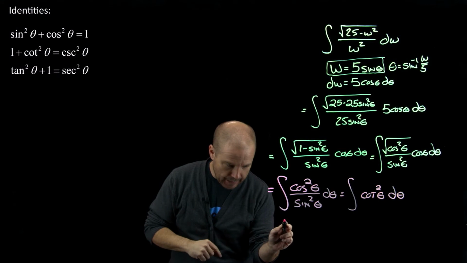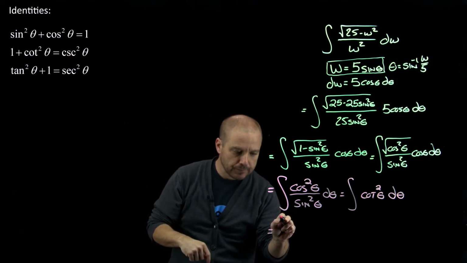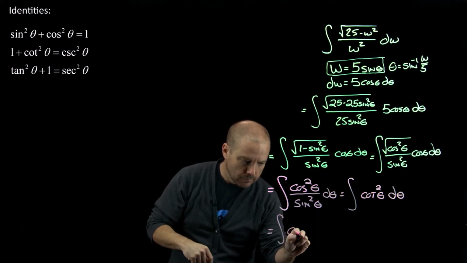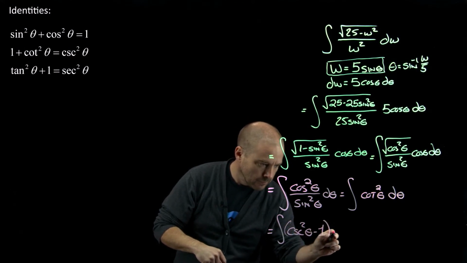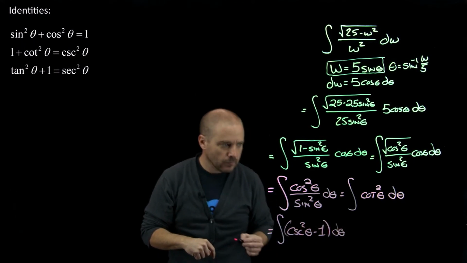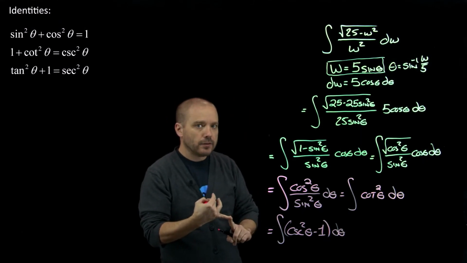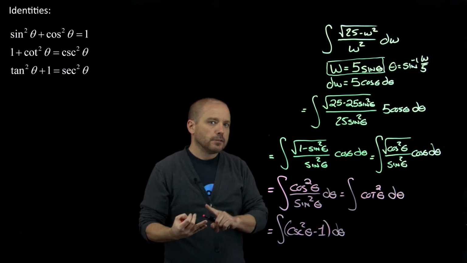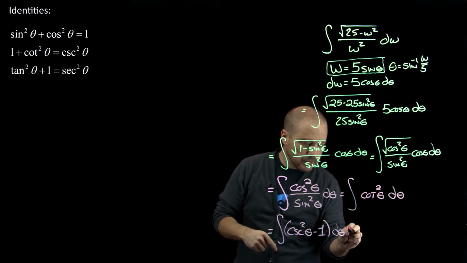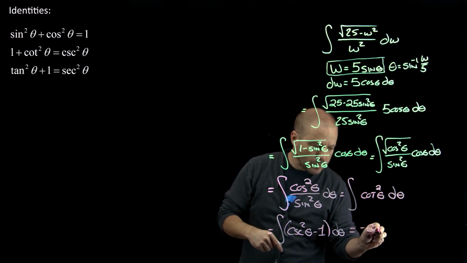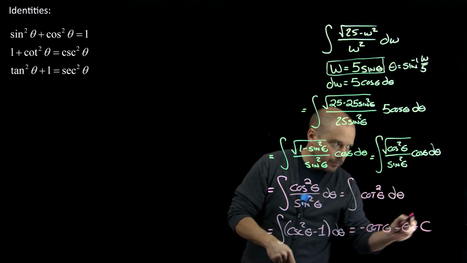So from our identity, cotangent squared would be cosecant squared minus 1. And remember from Calc 1, derivative of tangent, secant squared; derivative of cotangent, negative cosecant squared. So this is negative cotangent theta minus theta plus a constant.